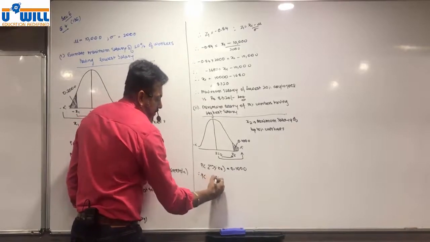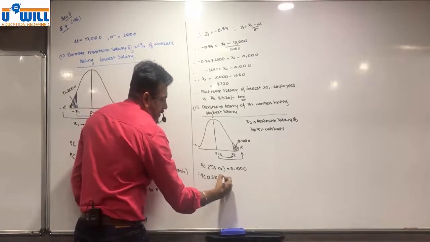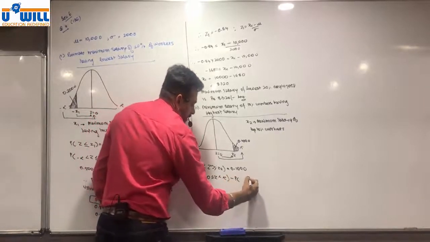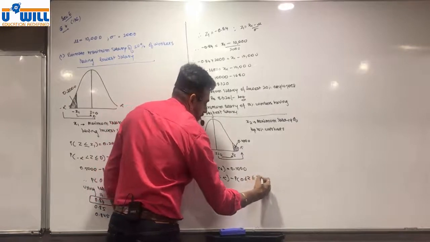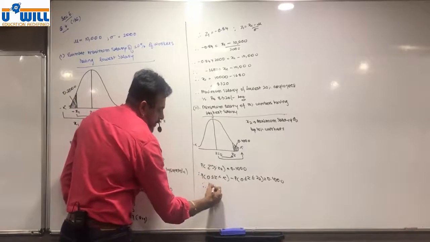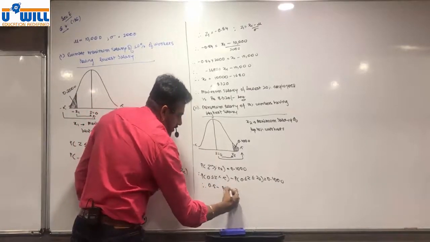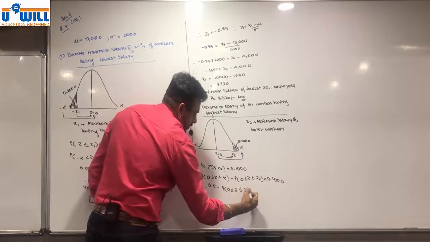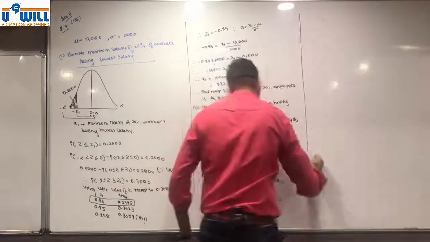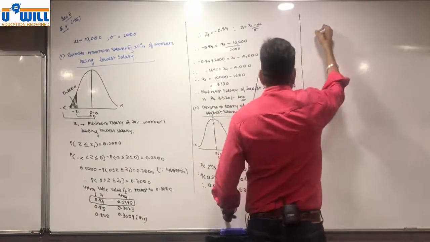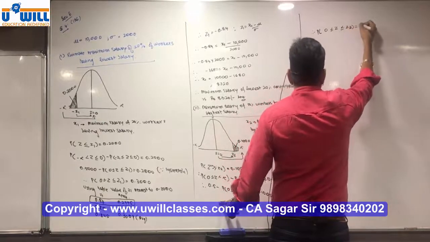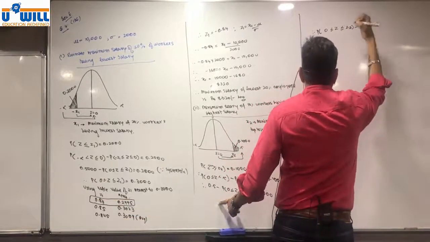Therefore, probability of Z greater than equal to 0 less than infinity minus probability of Z greater than equal to 0 less than equal to Z2 is 0.1000. Therefore, 0.5 minus probability of Z greater than equal to 0 less than equal to Z2 is 0.1000. Therefore, probability of Z greater than equal to 0 less than equal to Z2 is equal to 0.4000.